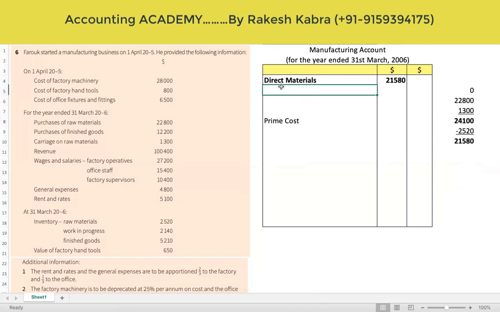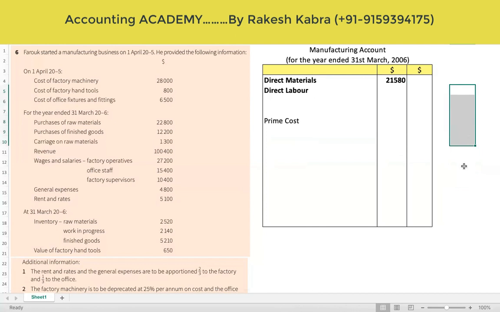Now after that I need to take direct labor, right? Direct labor means wages paid to the workers who are directly involved in the manufacturing process. So can we see here wages and salaries? Factory operatives are the workers who are really running the factory, doing the production work.